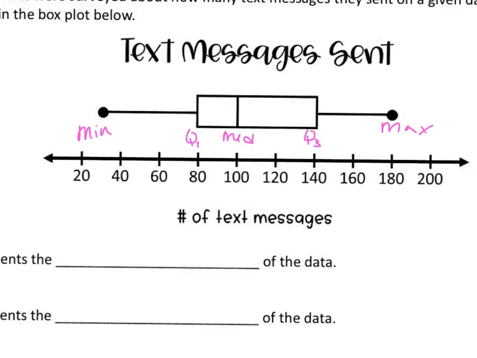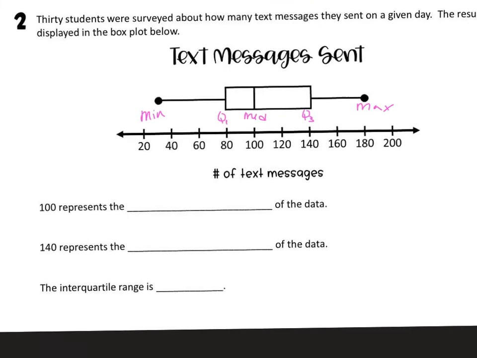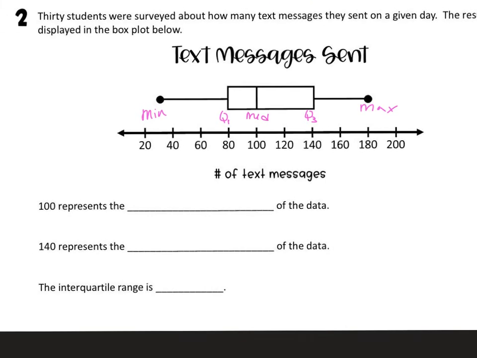So question number 1 says 100 represents the blank of the data. Well, I'm going to go ahead and look at where my 100 is located, and that is right here, and it looks like it's right below the median. So the 100 is the median. It is the number in the middle.